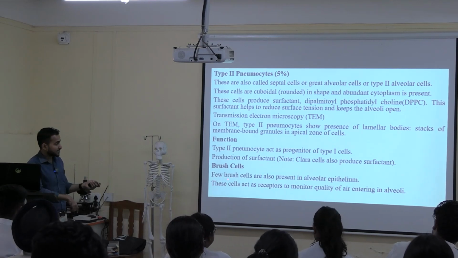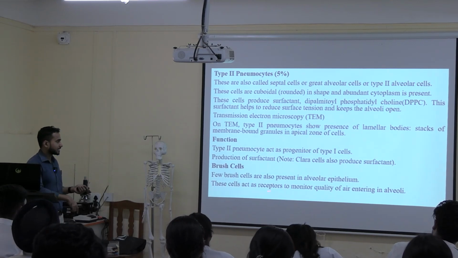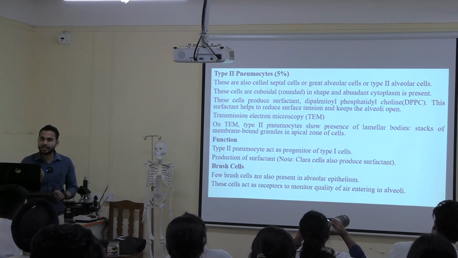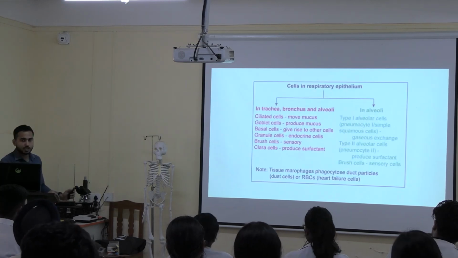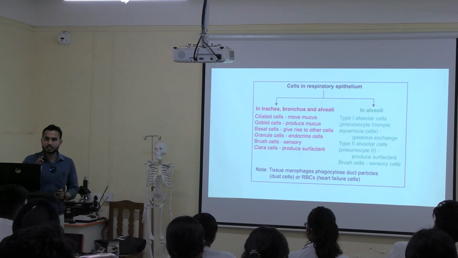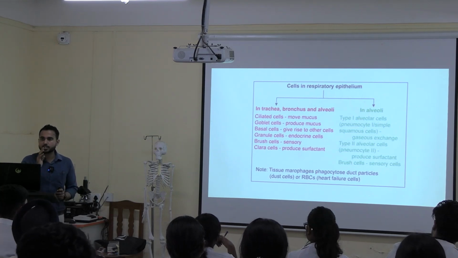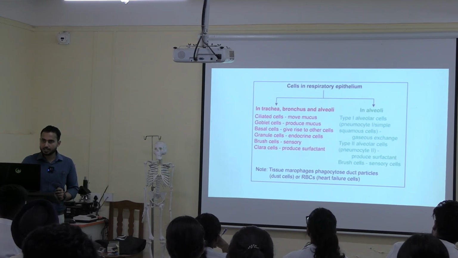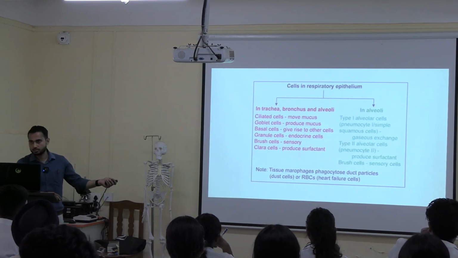Along with that, brush cells are also there, which are monitoring cells that monitor what type of air is going into the alveoli. Now, starting from the trachea to the alveoli in the lower respiratory tract, what are the different types of cells present? The list is given over here along with the function.